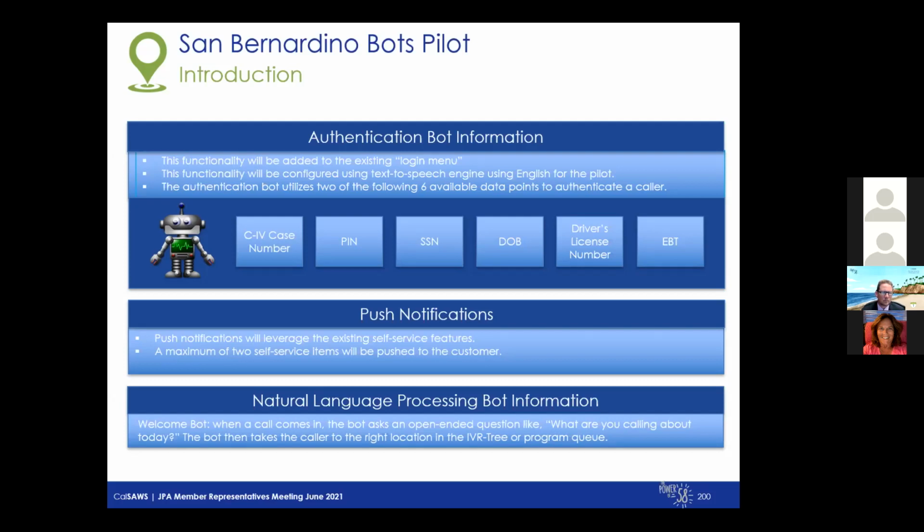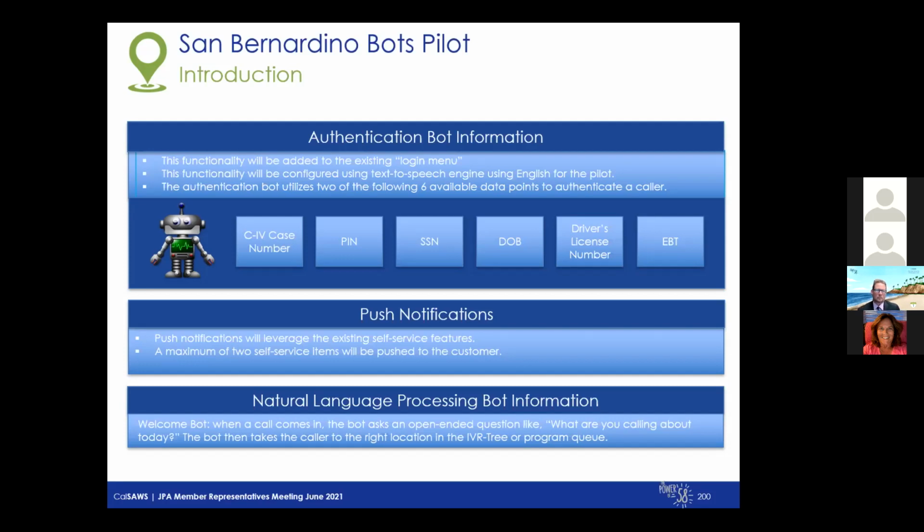the core reason for this functionality is to take some of the basic tasks like authenticating a customer off of the skilled staff that are really there to support the end customer and provide benefits to the end customer. So some of the things that we looked at here are improving authentication, and we created a bot that basically replicates some of the key questions and pieces of information that the county would ask in order to authenticate somebody.